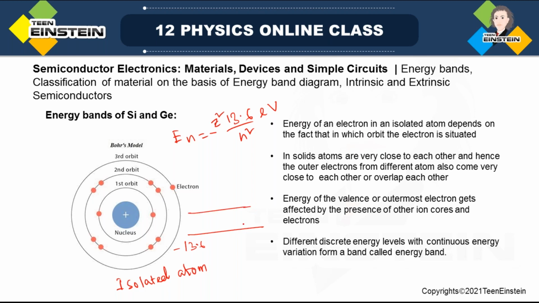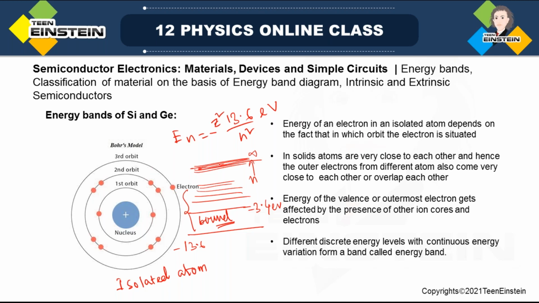Then we have the next energy, minus 3.4 electron volt, and like that various energy levels we have seen. At n equal to infinity, the energy levels are continuous. These are the states for bound electrons, when they are bound to a particular orbit.